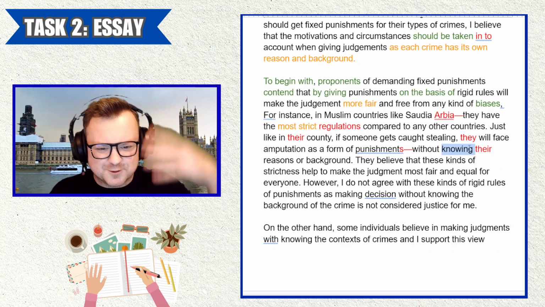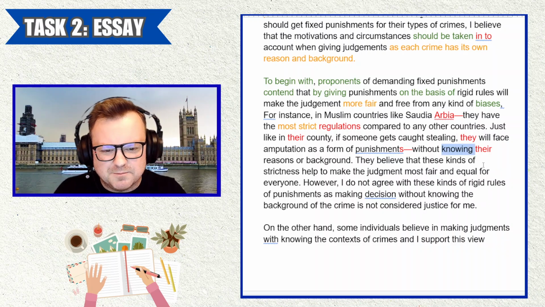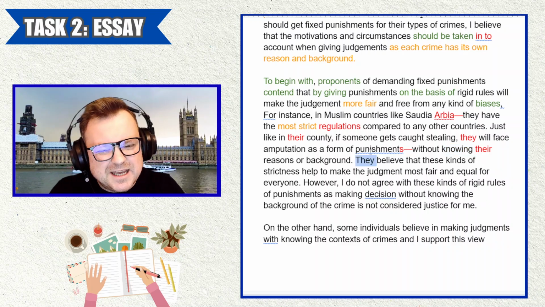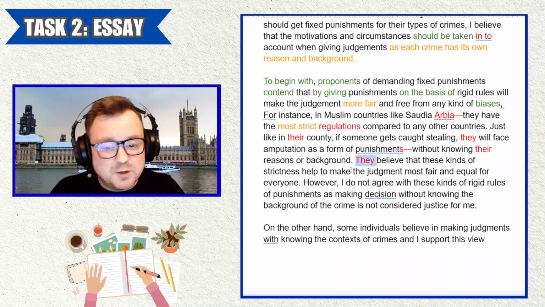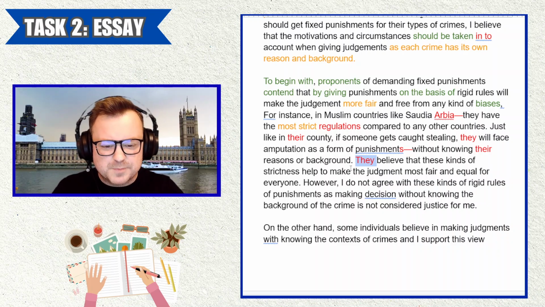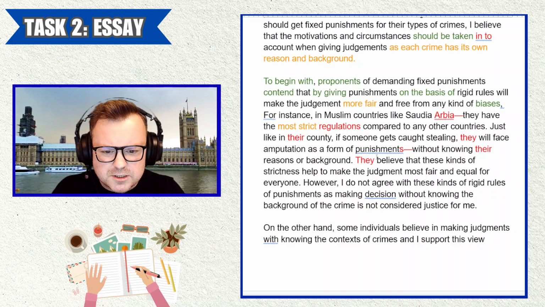Know refers to the people passing the judgment. So there's a little bit of confusion there. Okay, they, but again, we're going with they, and I'm not sure who they is here. If you're not sure, just use "it is believed" instead of "they believe." So who are they? The Saudis or the Saudi authorities, or who?